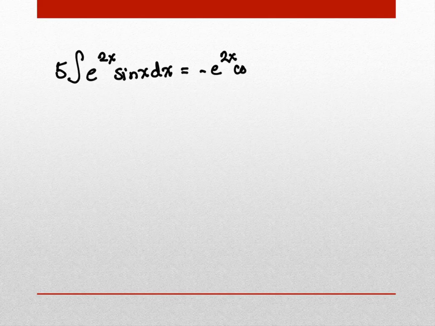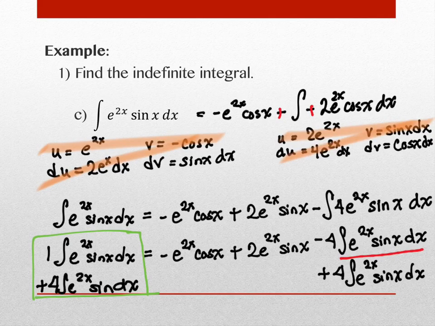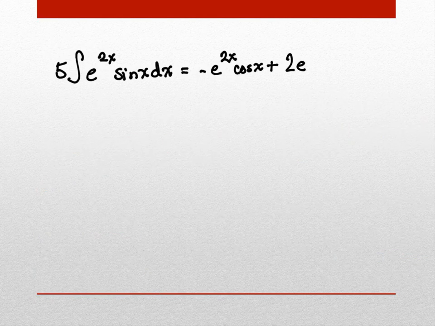This will give me 5 times the integral of e to the 2x sine x dx. And it's going to equal those pieces that would still be remaining on the right-hand side: negative e to the 2x cosine of x plus 2e, was it 2e? Yes, 2e to the 2x sine of x.